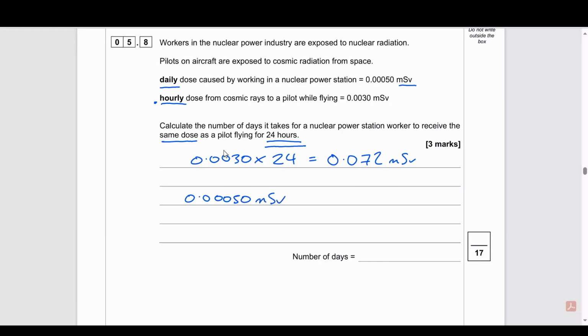So what we need to figure out now is how long it would take for them to get the same dose. We need to find out how many days that would take. So you can just take our value that we just calculated, 0.072, and divide that by 0.0005, and we'd come out with an answer of 144 days.